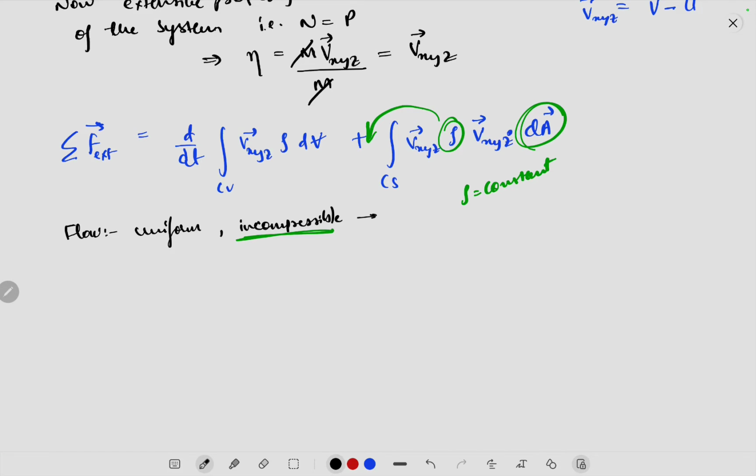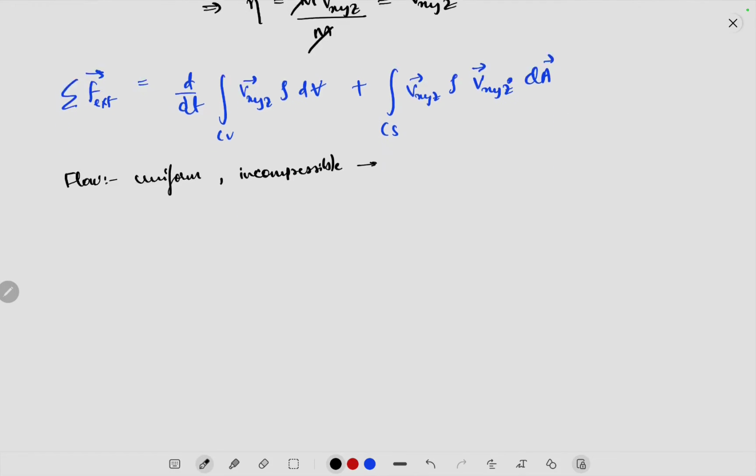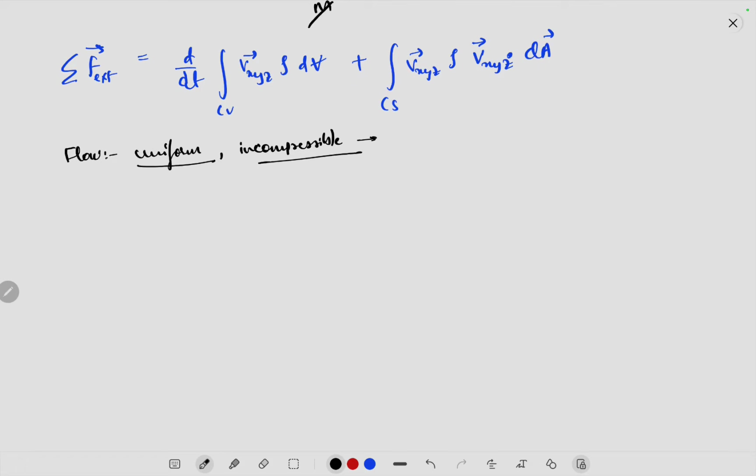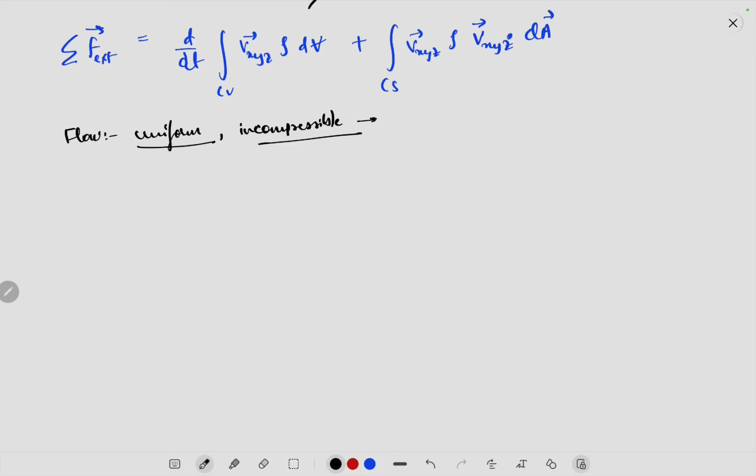Similarly, if you consider this term, I can take rho outside of this integral and also outside of this derivative, since it is a constant. Okay, all right. So if these two conditions are given to you, let's just focus on only term 2.